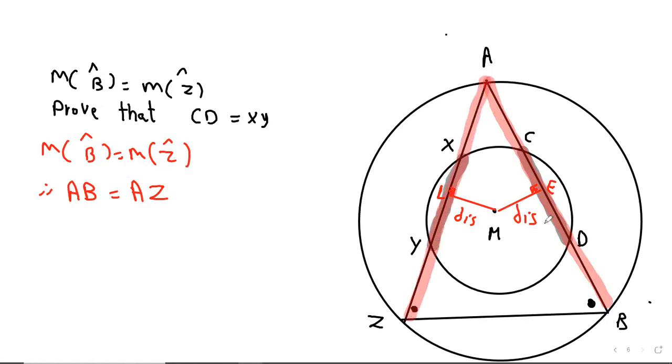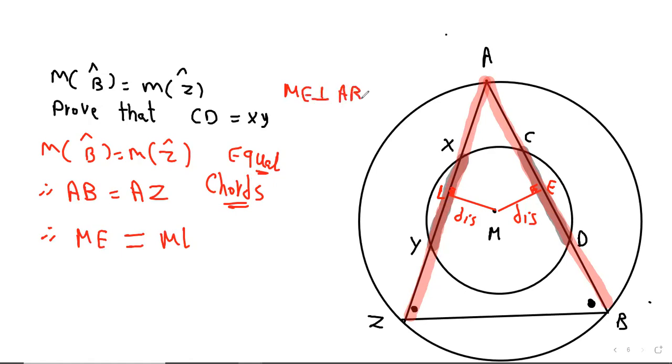And they are two equal chords in the greater circle. So here AB equals AZ, and they are two chords in the greater circle, and they are equal. So if we have equal chords, that leads to equal distances. So then ME equals ML. Do you know why? Because I said at the very beginning, draw ME perpendicular to AB and draw ML perpendicular to AZ.